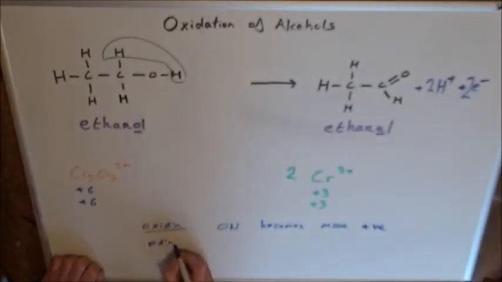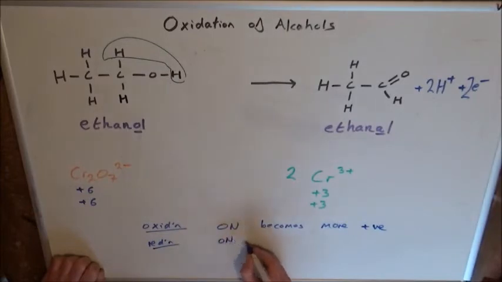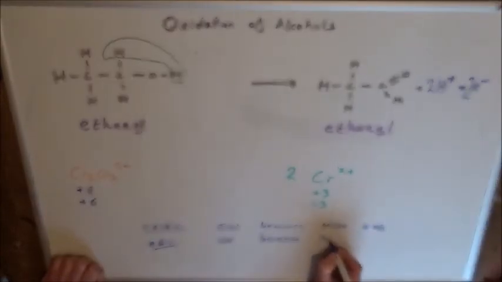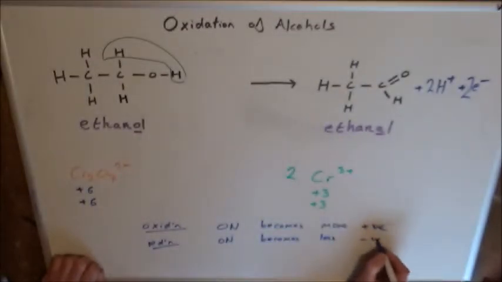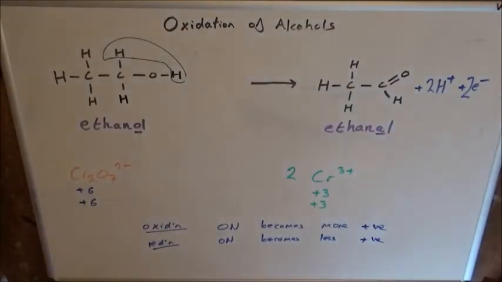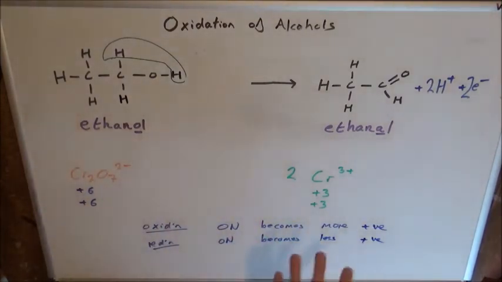Reduction is when the oxidation number becomes less positive. Just remember that, and everything else will fit into place. So this is more positive than this, so this is more oxidized than this. If we're going from plus 6 to plus 3, we're becoming less positive, so it's a reduction reaction.